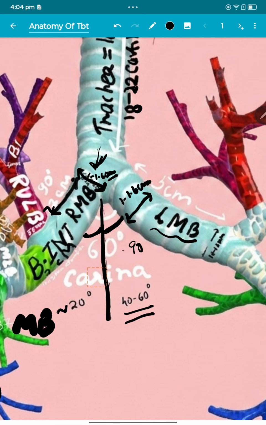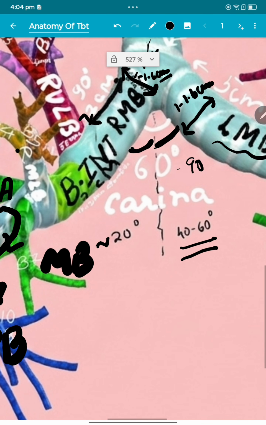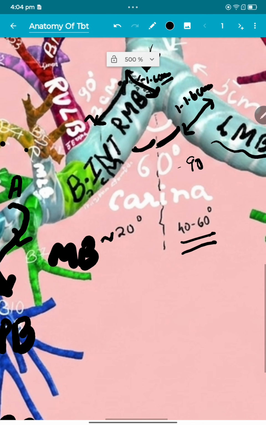Now we have the bronchus intermedius. What is bronchus intermedius? After the division of the right upper lobe, we have bronchus intermedius.